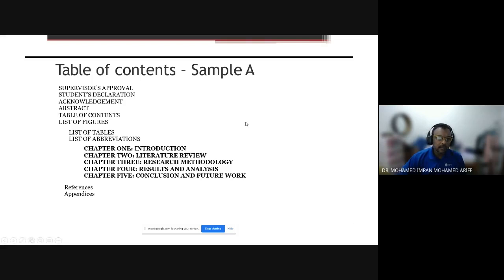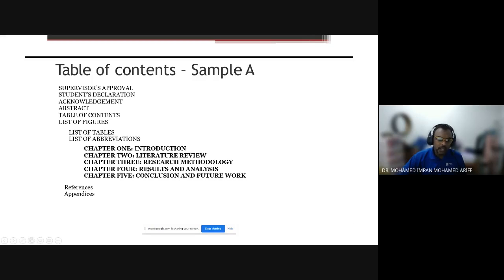In sample A, as I explained to you, you have 5 chapters: introduction, literature, methodology, results and analysis, conclusion and future works. Here, chapter 4 is what we are going to cover this semester. We are also going to cover the abstract, and the conclusion and future works.